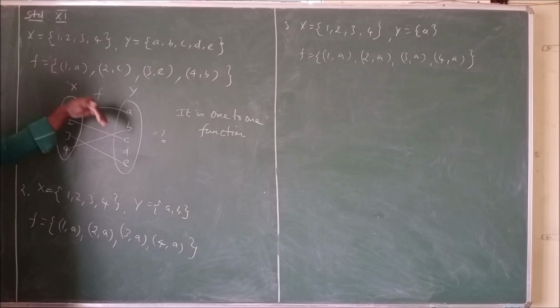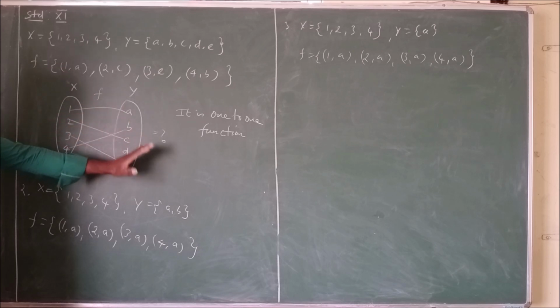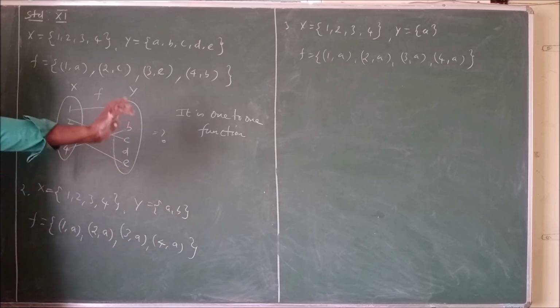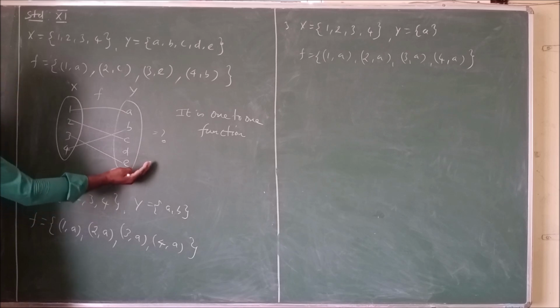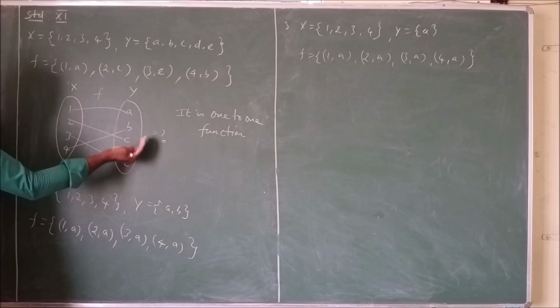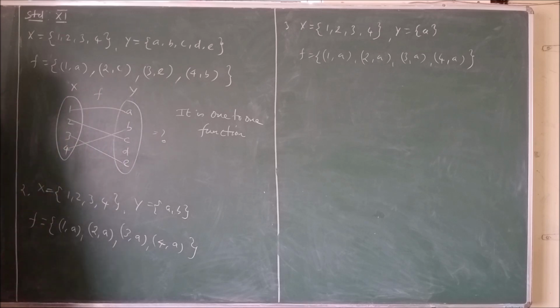Now check whether it is onto. Recall the definition of an onto function: for every element in the codomain, there exists at least one pre-image in the domain.